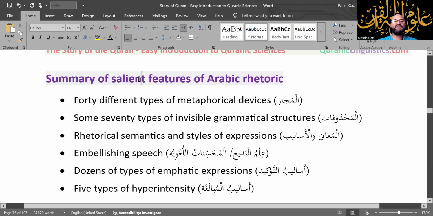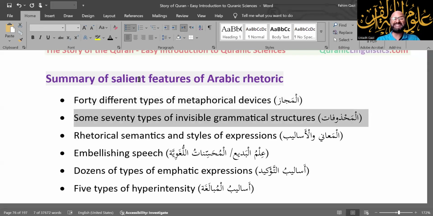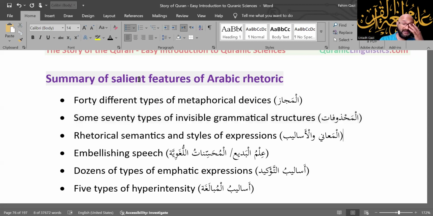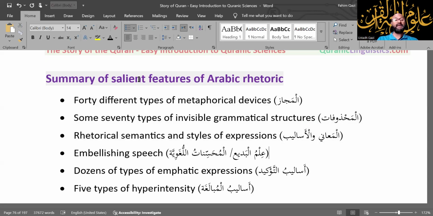Summary of the salient features of Arabic rhetoric. Let's finish up this lesson quickly by summarizing some things. 40 different types of metaphorical devices, 70 types of invisible grammatical structures, there's invisible grammar. You got semantics and expressions like you've never seen in any language before. All languages have them, but Arabic has more.